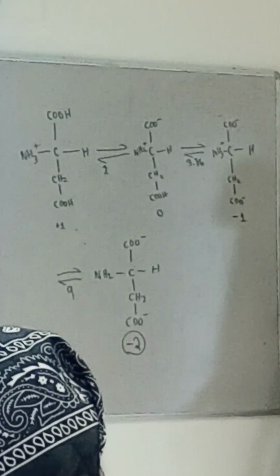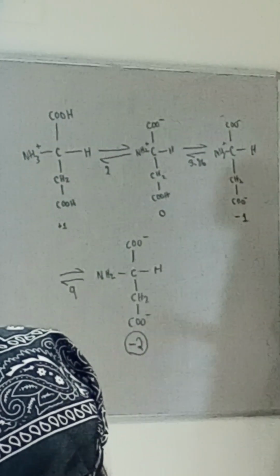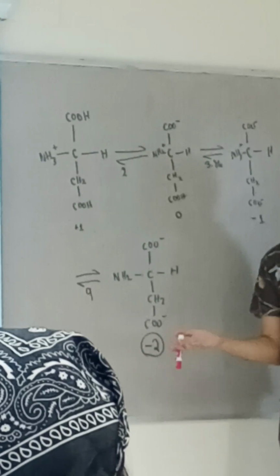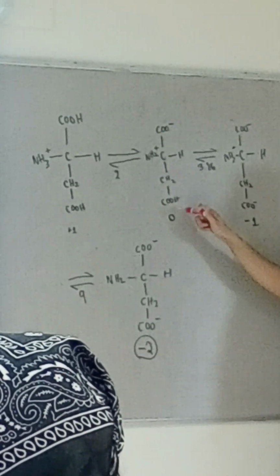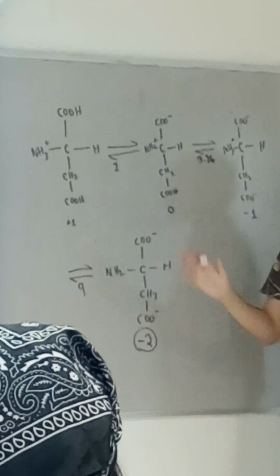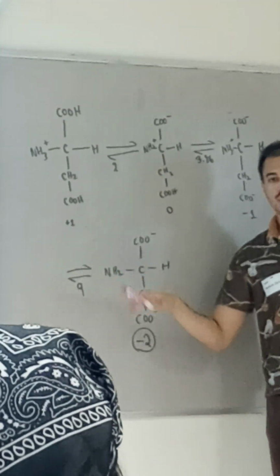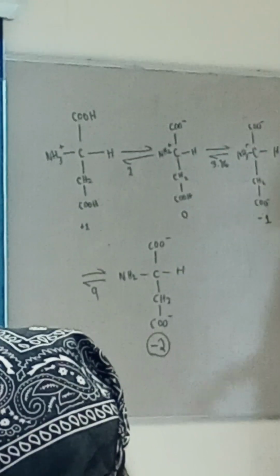Okay, and then the pKr, that's specifically when the side chain. The pKr is the pK value of the R group, or the side chain. So this CH2 COOH is the R group or the side chain of our amino acid, specifically for aspartic acid. So the pK value of pKr at which it will lose its hydrogen is 3.6.